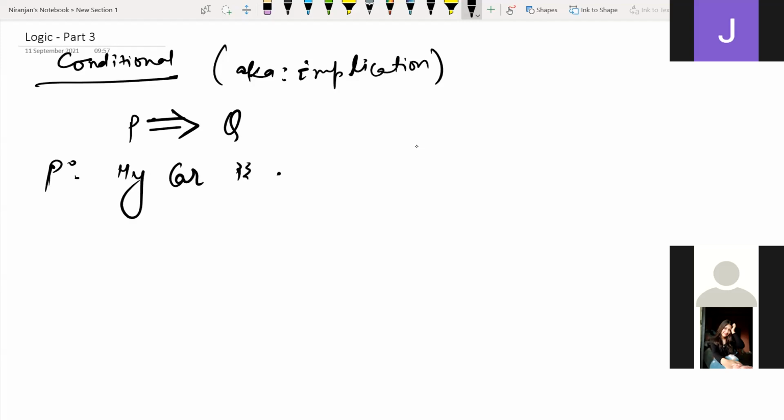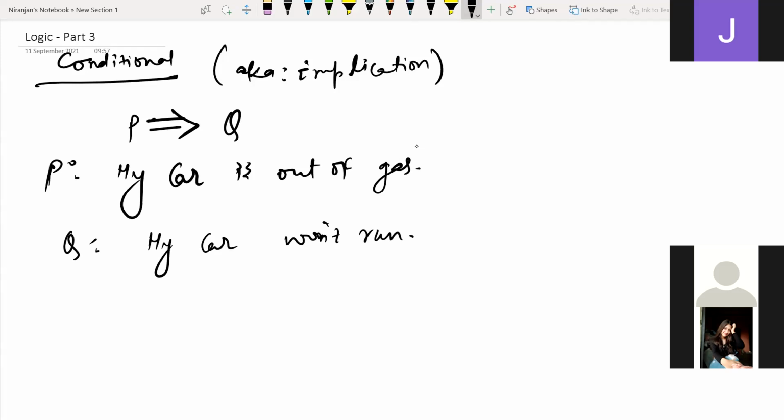So let's take the next statement. My car is out of gas. My car won't run. So if I say that P implies Q, this is P and this is Q, what does this mean?